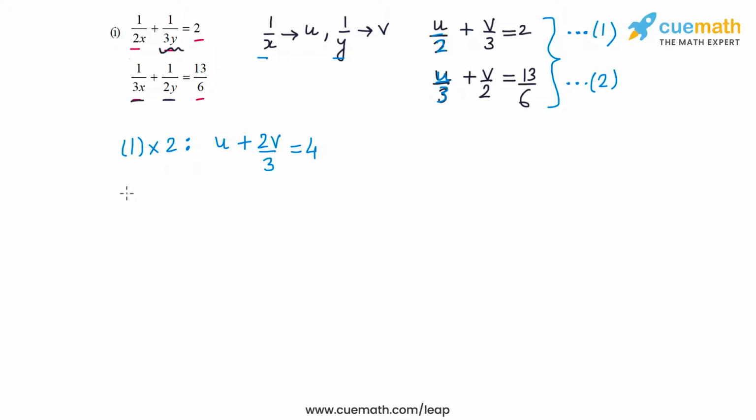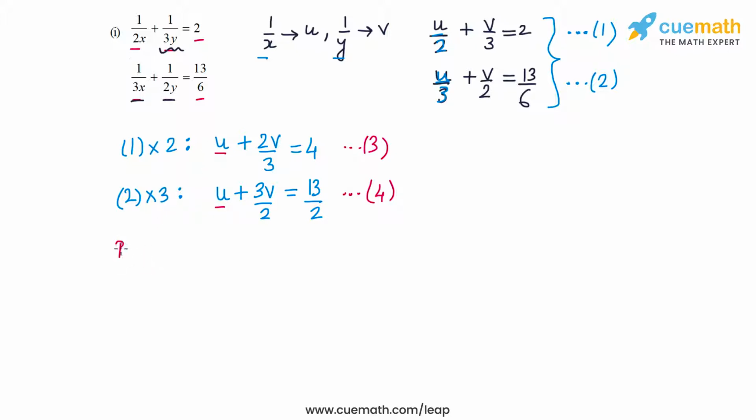And now let's multiply the second equation by 3, and this will give us u plus 3v by 2 is equal to 13 by 2. And now let's call this equation 3 and this equation 4, and if we subtract the two equations, the u terms will cancel out because their coefficients are the same.